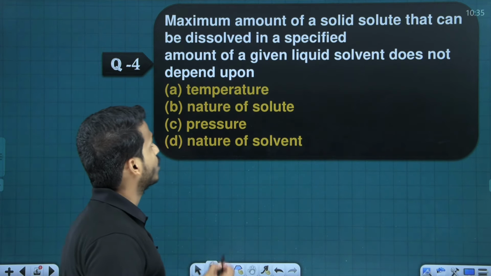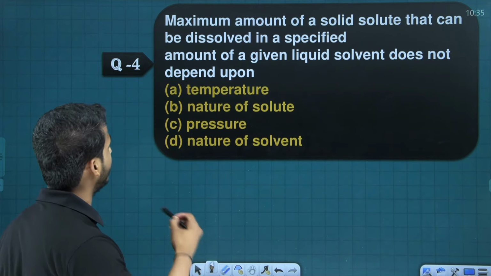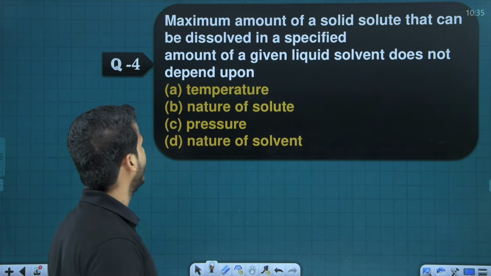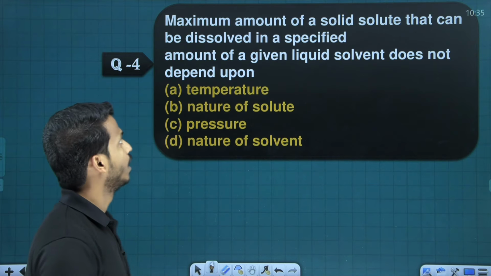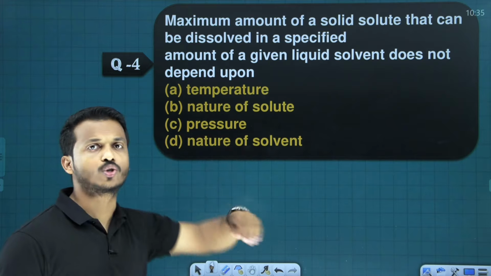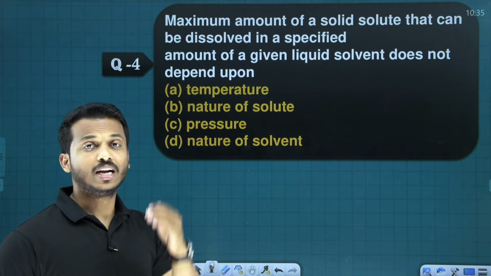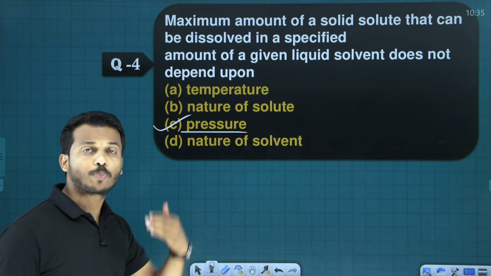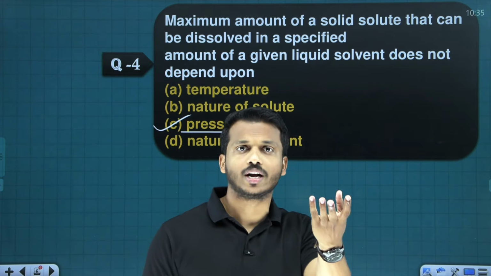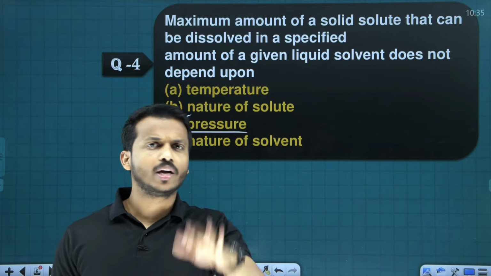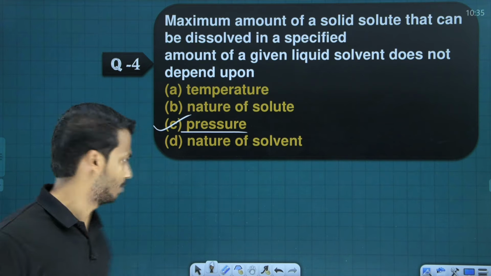The maximum amount of a solid solute that can be dissolved in a specified amount of a given liquid solvent does not depend upon pressure. Because pressure has no effect on a solid. Pressure affects only which one? Gas in liquid systems. For solid in liquid, if you apply pressure, there is no effect.